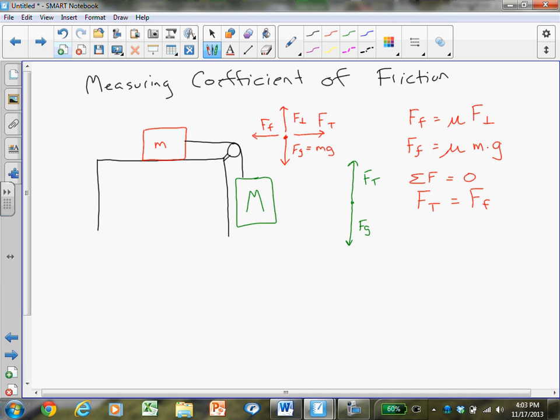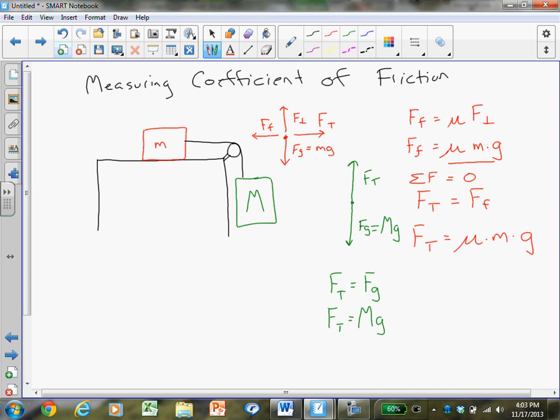Which allows us to say that since the friction force is mu m times g, that Ft equals mu times m times g. Now let's go to the green one. In the green one, Fg is big M times g, and when they just start to move, Ft equals Fg, Ft equals big M times g.